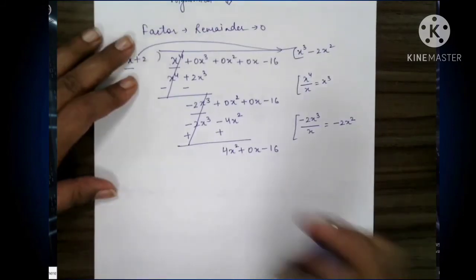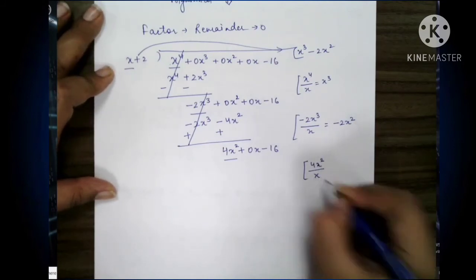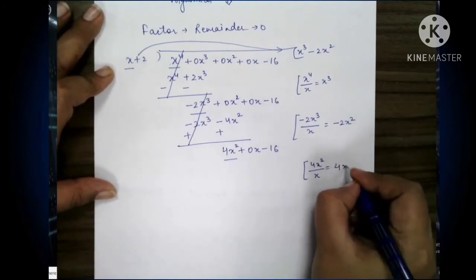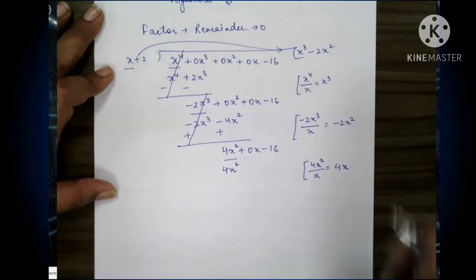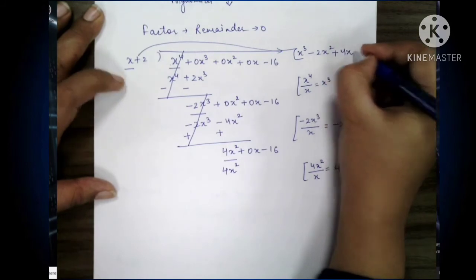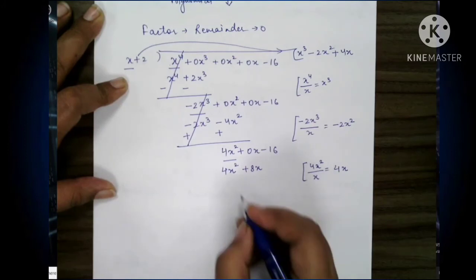Okay children? Again first term, 4x square divided by x is 4x. 2 multiplied by this one is 8x.